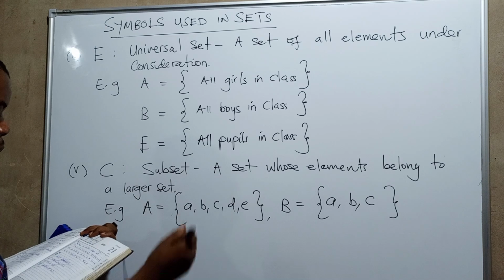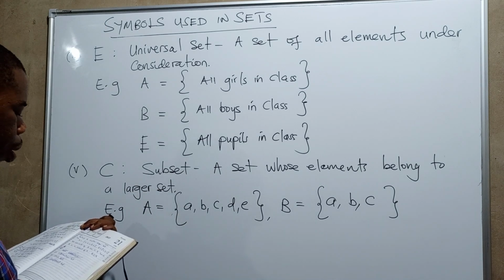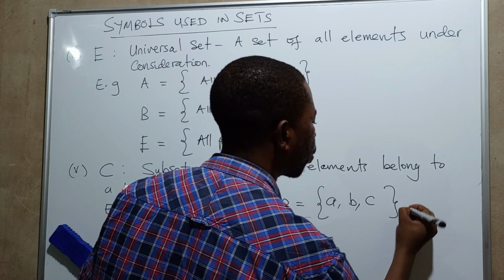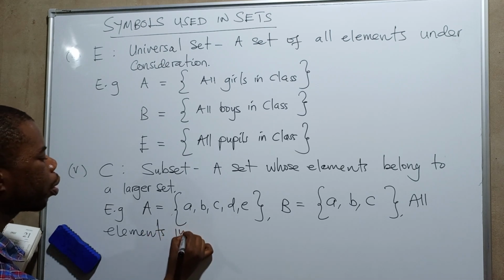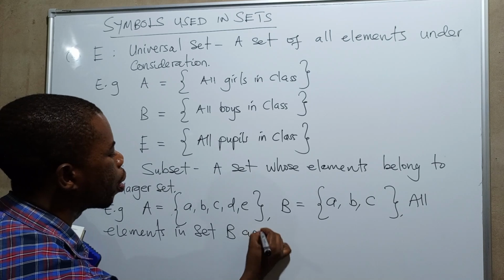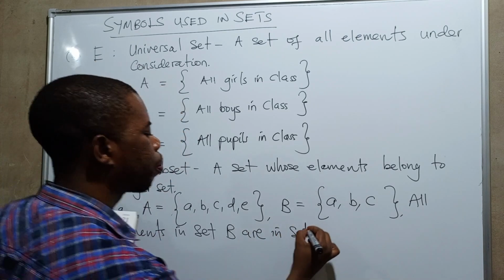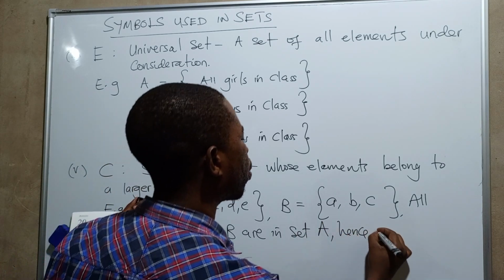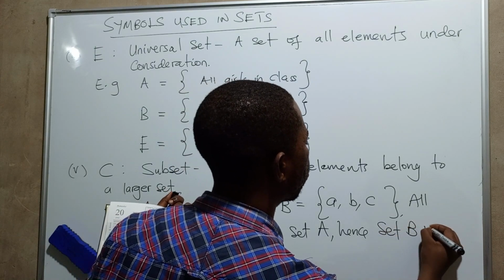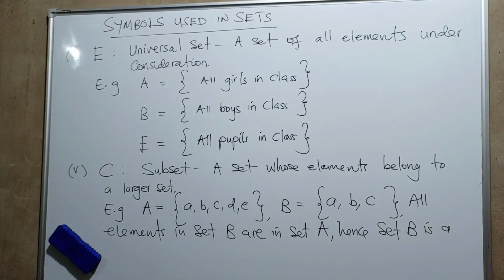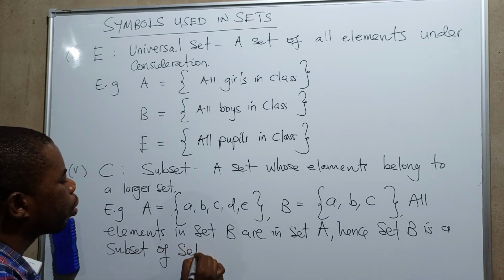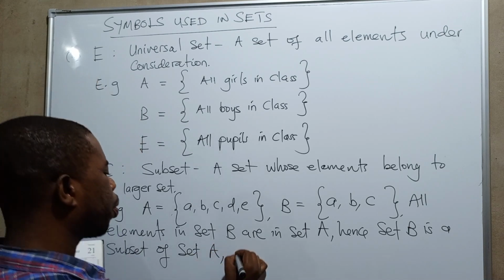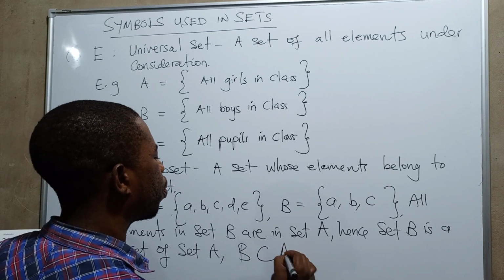We are saying all elements in set B are in set A. Hence, set B is a subset of set A, which can be written like this. B is a subset of set A in short.